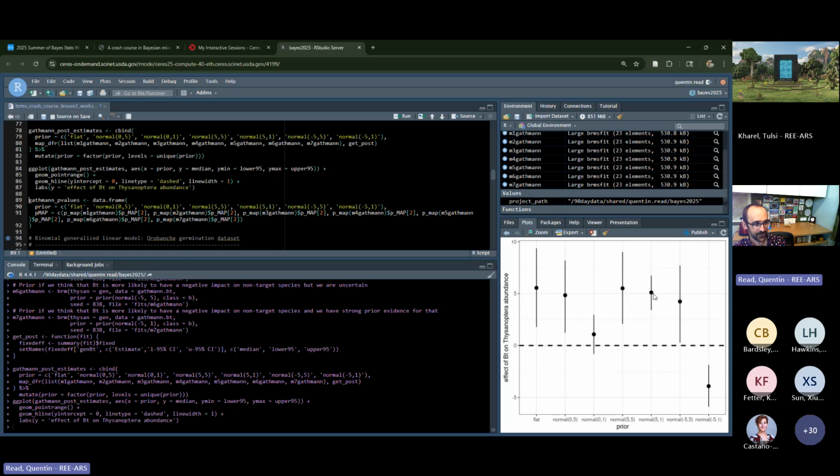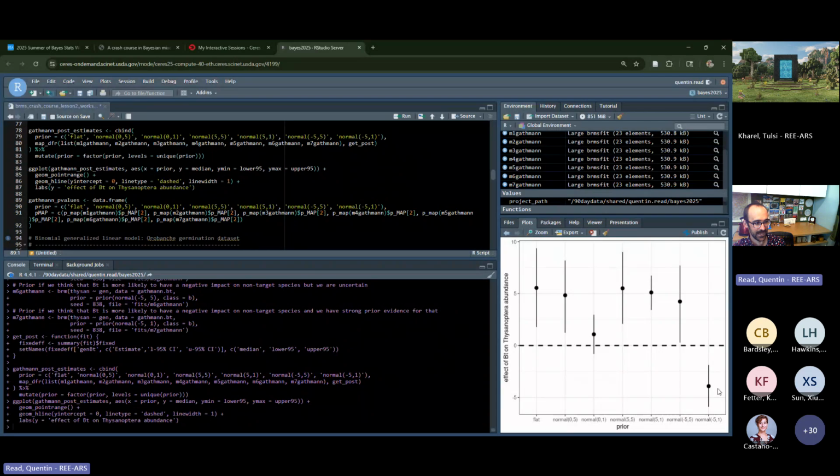If we have a mean of 5 and standard deviation of 1, we get something similar to what the t-test gave us, but we get a narrower credible interval because we already had a prior belief that that effect was likely to be big. So we actually are more confident of that than we were before.